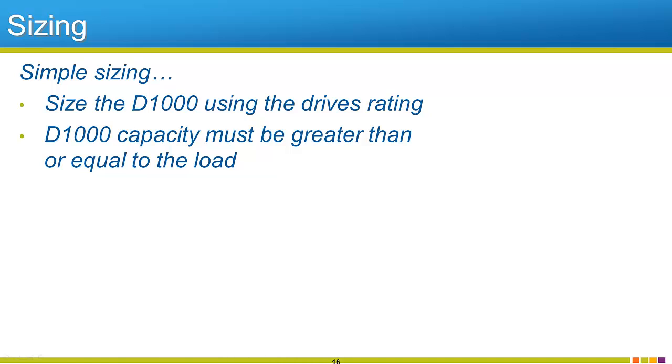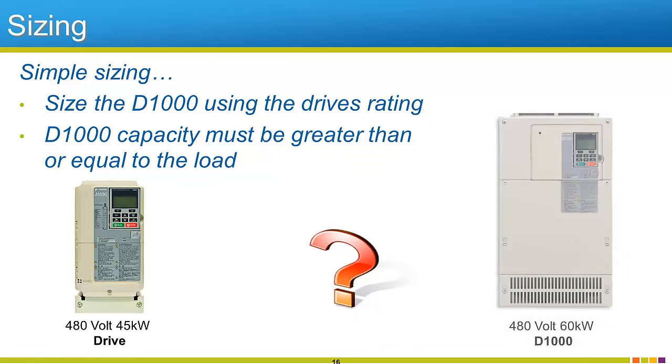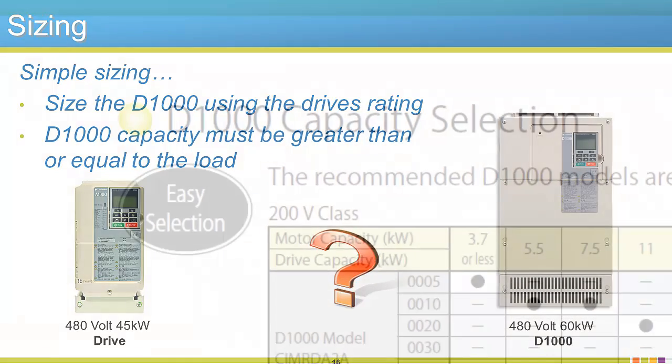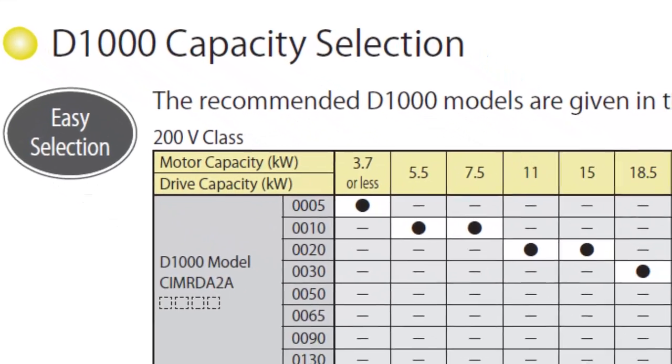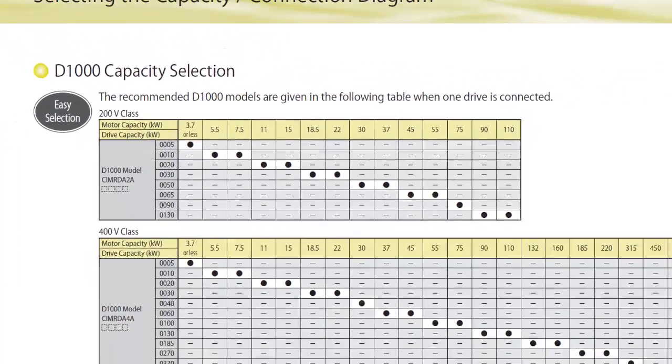For instance, if a single 480 volt 45 kilowatt drive is required to run an application, then the D1000 must be rated to at least 45 kilowatts. In this case, the 400 volt class jumps from 40 kilowatts up to 60 kilowatts. So a 60 kilowatt D1000 is the proper unit to use. There is also an easy selection table available for use in the product catalog.